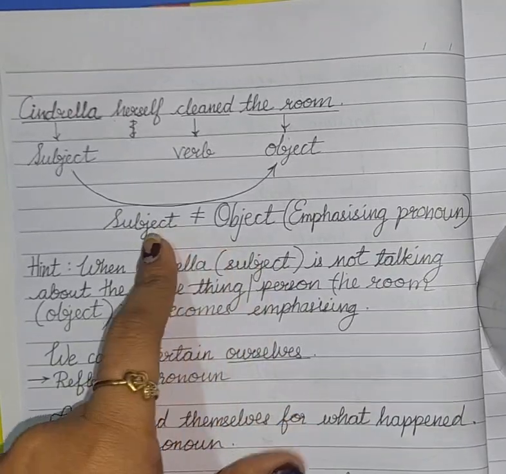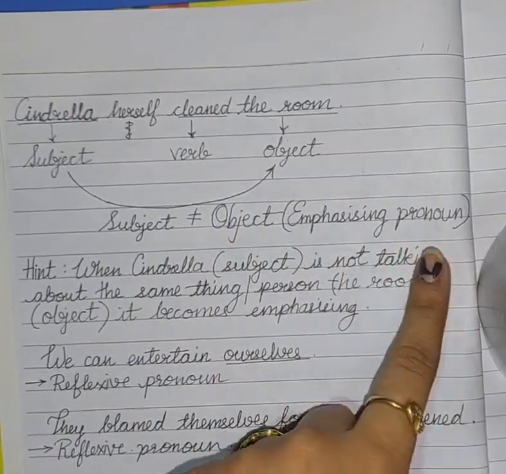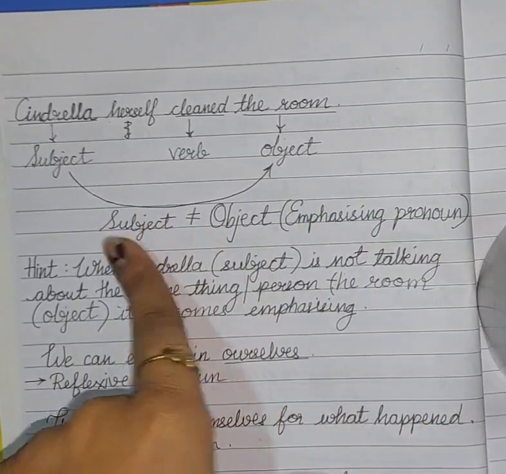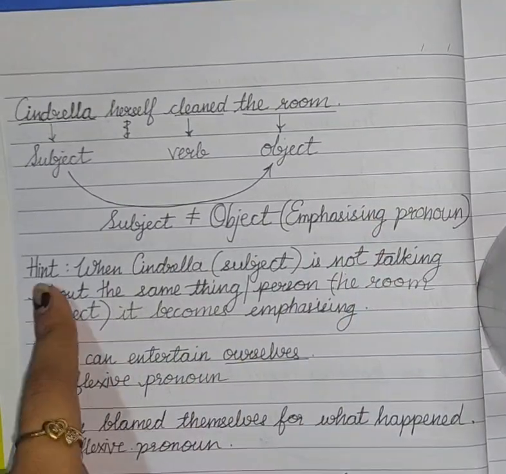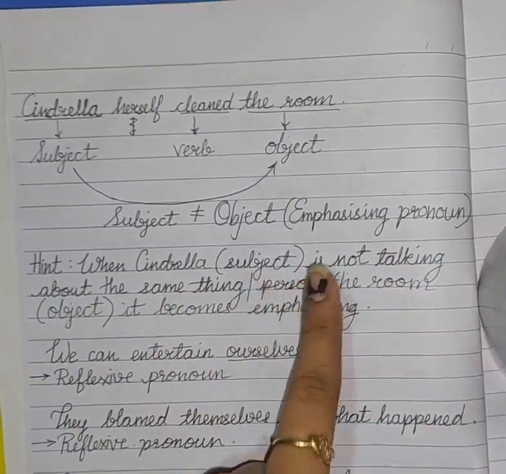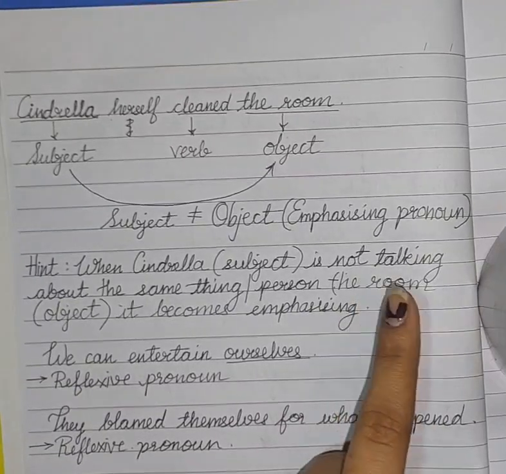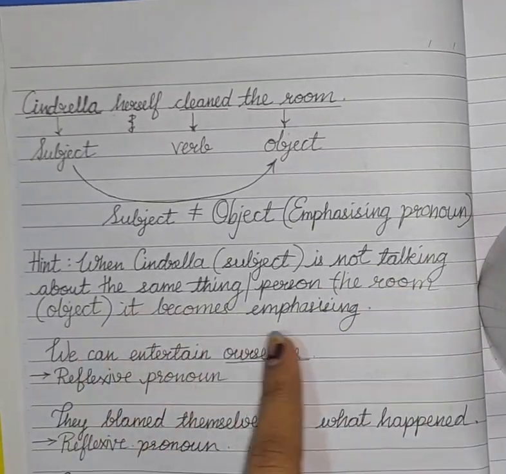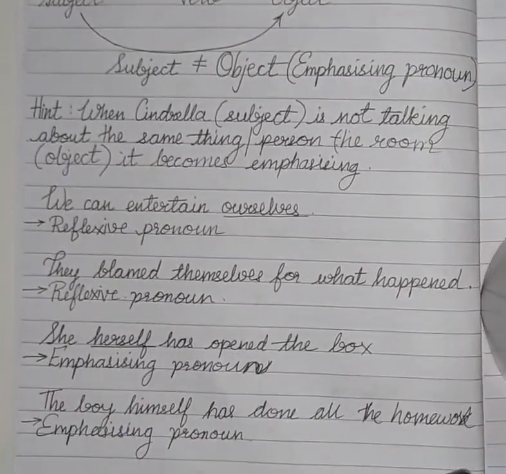So at that time we can say subject is not equal to object, which is an emphasizing pronoun. So here in this sentence, herself will be emphasizing. So hint, when Cinderella, that is the subject, is not talking about the same thing or the person, the room object, it becomes emphasizing.